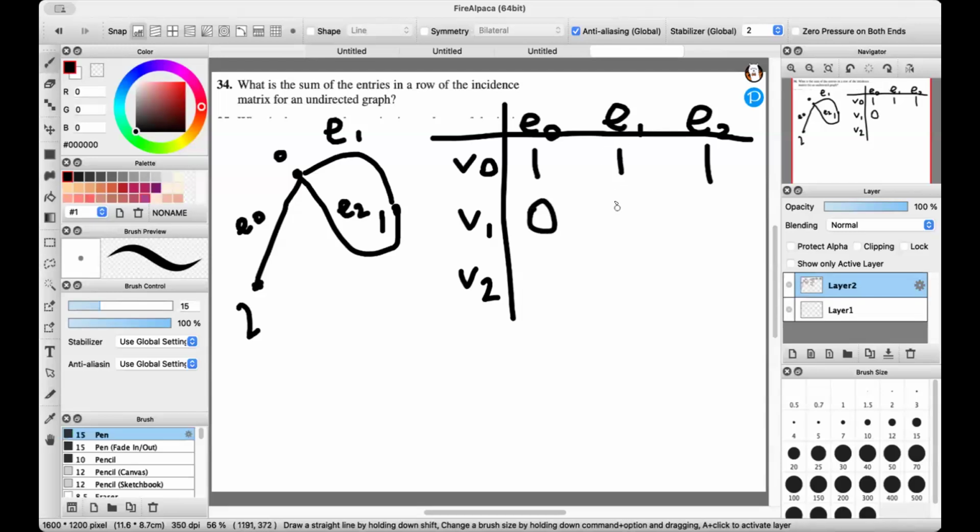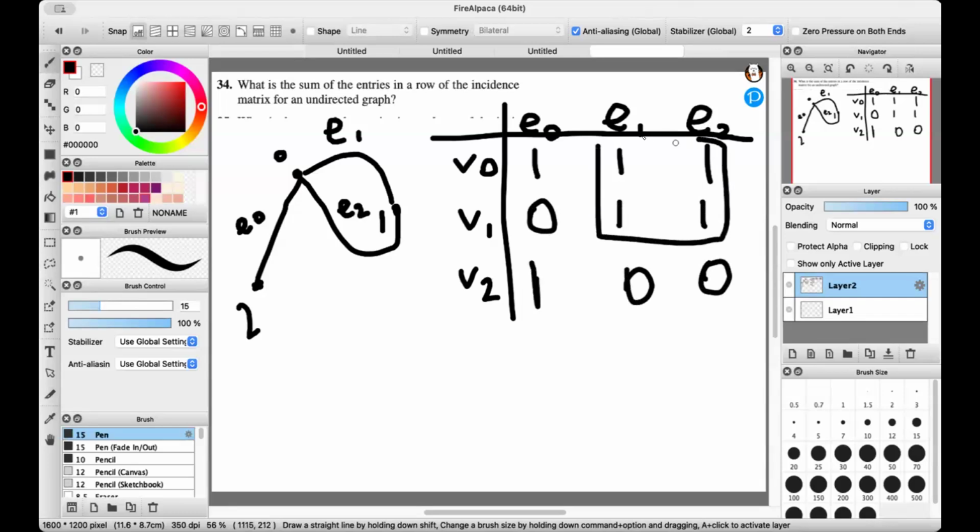E1 is incident to V1, and E2 is also incident to V1. V2, E0, yep. 0, 0. So if you see something like this, it means that you have multiple edges connecting the same two vertices. That's just a side comment I'm making.